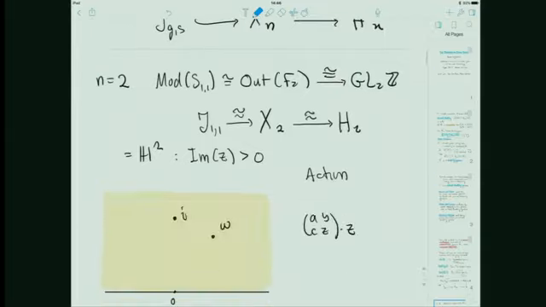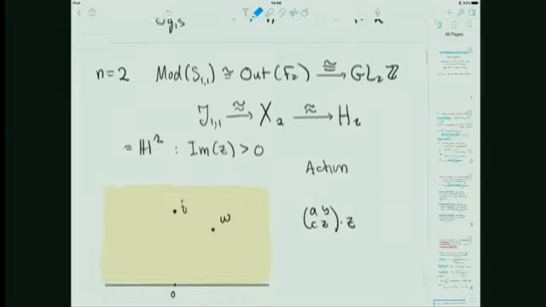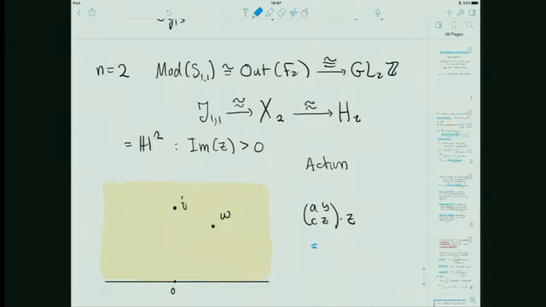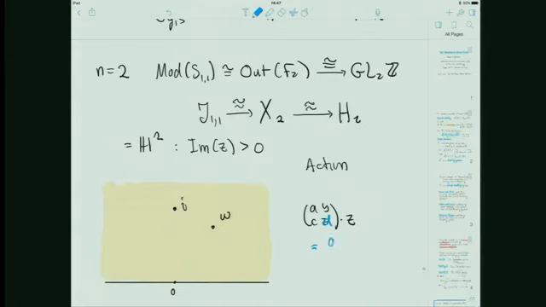And they're all, of course, the upper half plane, which we've seen in at least two other talks today, including the last one. So imaginary part of z is greater than 0, and (a b; c d) dot z is (az plus b) over (cz plus d), multiplied by the determinant if I'm talking about GL2Z.